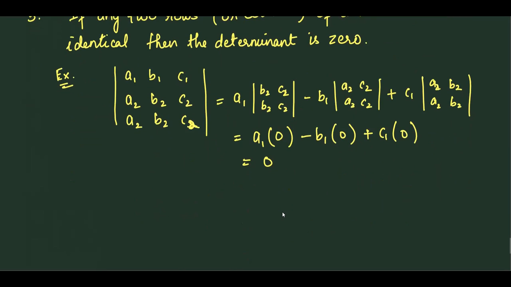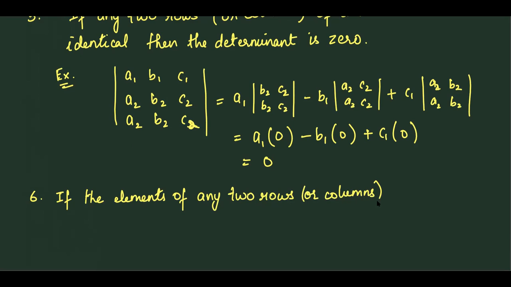Now, an extension of this property: if the elements of any two rows or columns are of the same ratio, then the determinant is 0.